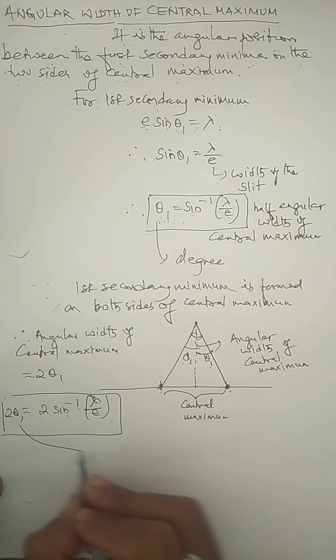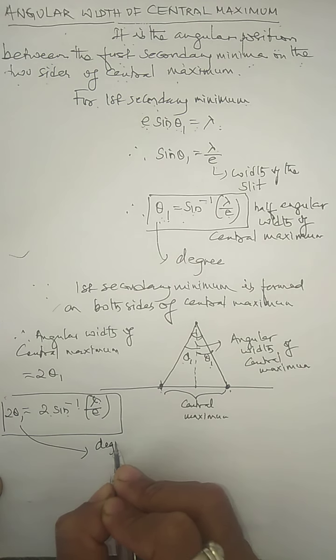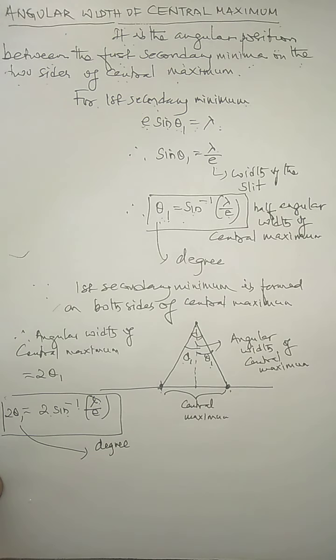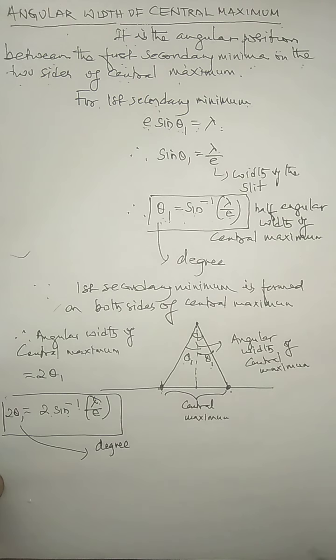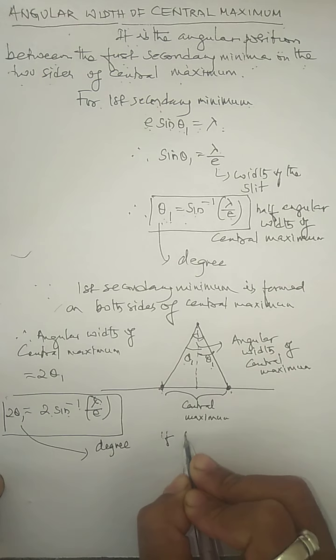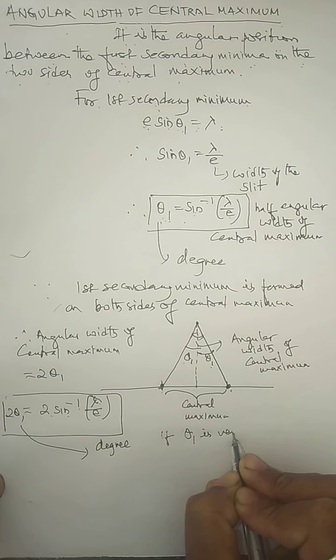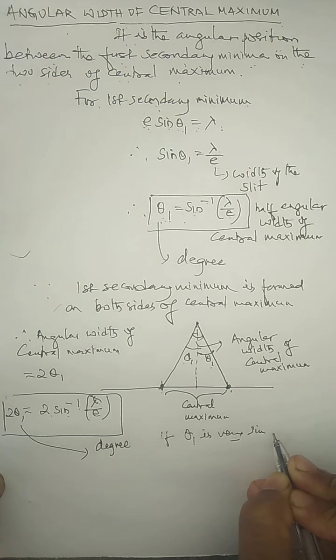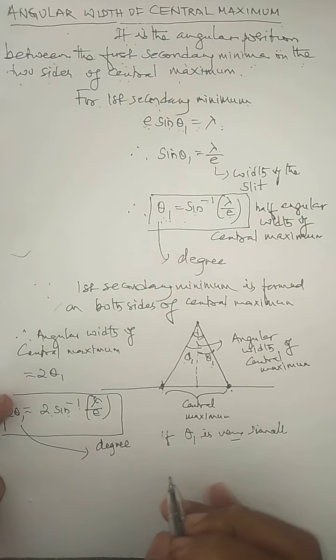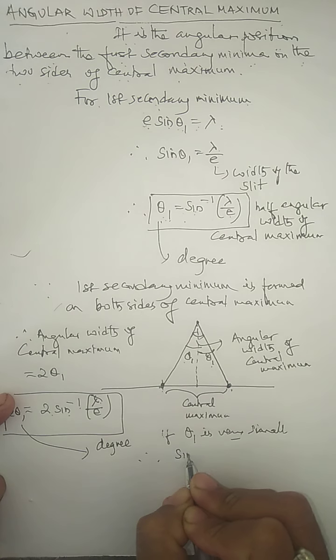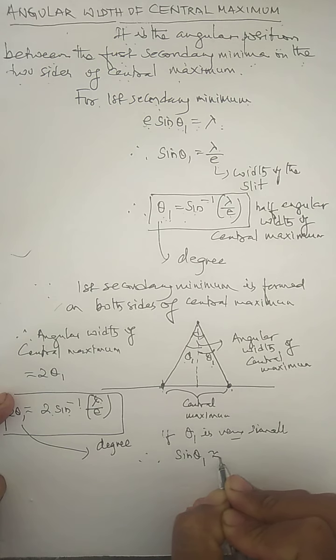But when you measure this angular width, again I repeat, we measure it in degrees. But children, when we see this diffraction pattern experimentally, the angle formed by the minimum is a very small angle, and this angle can be measured in radians also. So if theta 1 is very small and we measure that angle in radians, then we can write sine theta 1 equals theta 1.